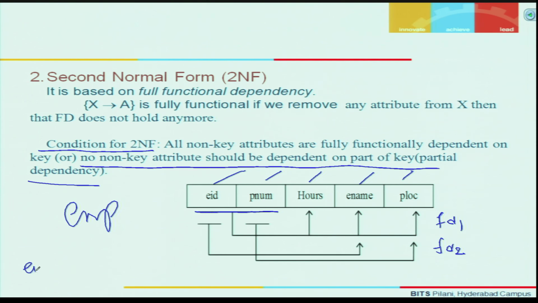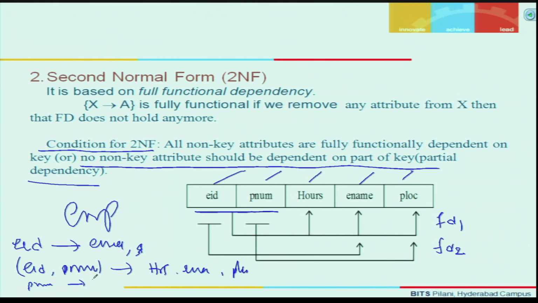FD1 says that employee ID and pnum together determine hours, ename and p-location. The second one is that employee ID alone can determine only ename. And the next functional dependency says that pnum alone can determine p-location. So there are three FDs given, FD1, FD2 and FD3.